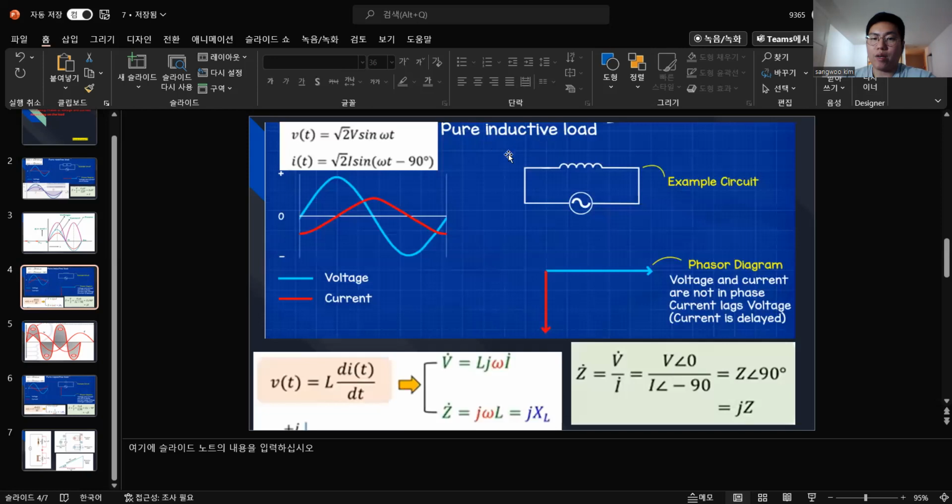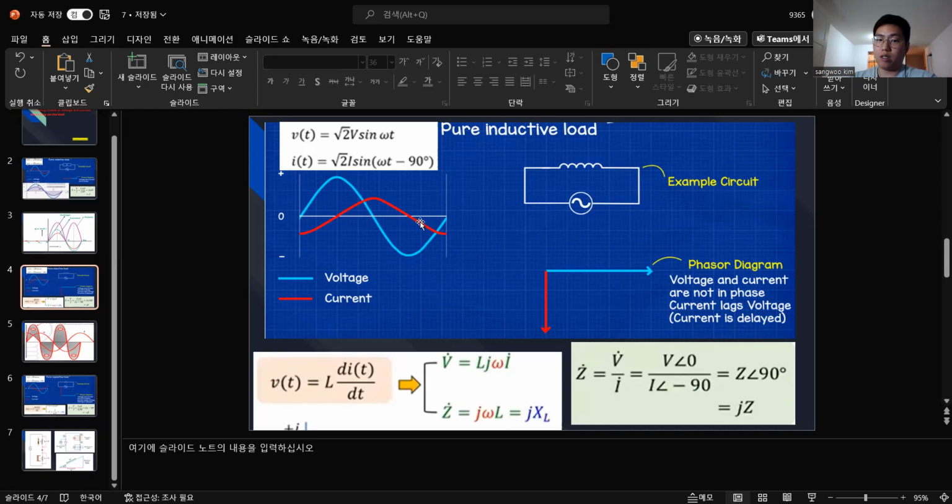And pure inductive, I say as time goes by, the current is changing, the voltage is induced, right? But because of inertia, it prevents the current, right? That's why we say reactive. So reactive power, we prevent something, right? So impedance, you guys remember, right? Since we do a differential here, I is lagging, voltage is leading, right?